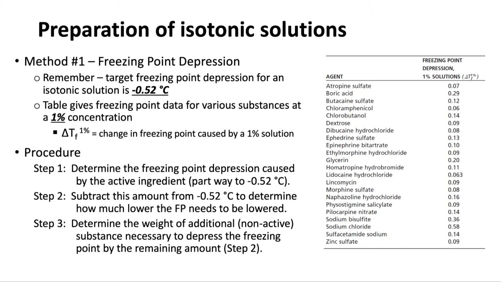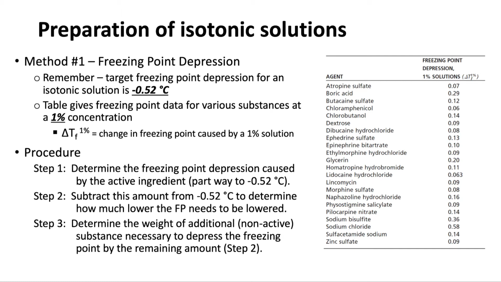With that information for whatever our active agent is and for also whatever our inert agent is, we can use that information to formulate our prescription. We would do that by first determining the freezing point depression caused by our active agent. Remember, the concentration of our active agent will be the concentration it needs to work therapeutically for whatever condition we're wanting to treat. So based off of its therapeutic concentration, we'll determine the freezing point caused by that amount of drug.